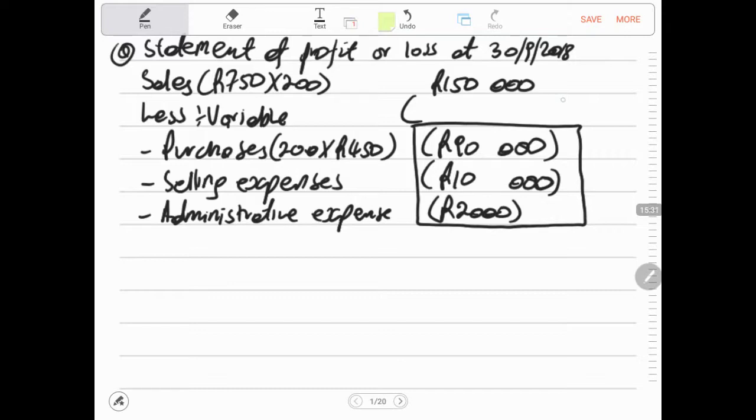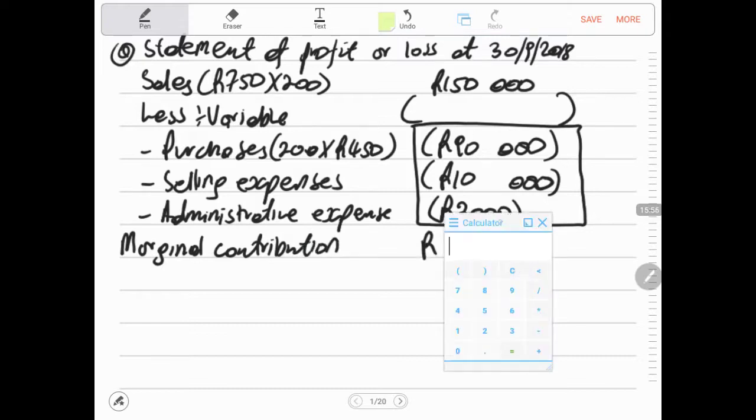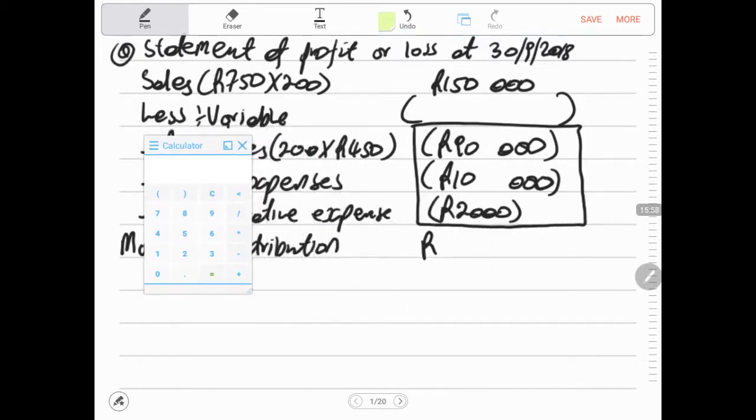So now we say sales, of which our sales, they don't change regardless of the method in which we are compiling the income statement. Either you are using the absorption method or the direct method, sales revenue always remains the same. So now here we get to our marginal contribution. Then our marginal contribution will be the sales, or let me first calculate my variable expenses. 90,000, which is purchases, plus 10,000 plus 2,000.